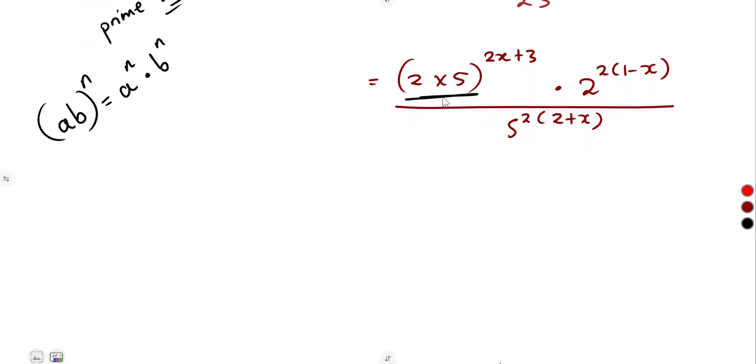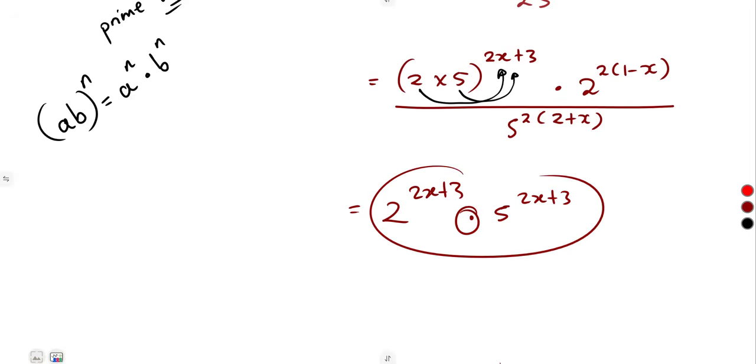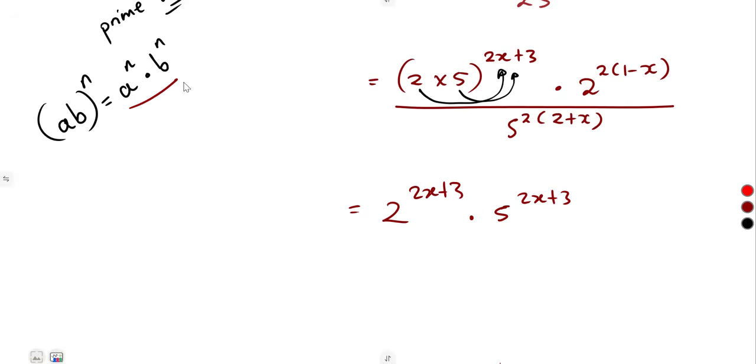So this is the same thing that we have here. 2 is going to be raised to the exponent of 2x plus 3, and 5 is also going to be raised to the same exponent, 2x plus 3, separated by multiplication.